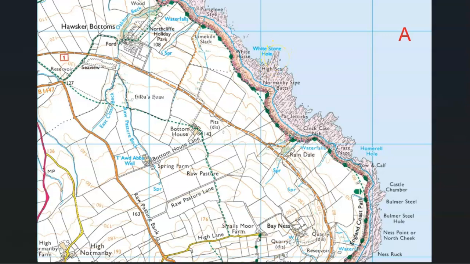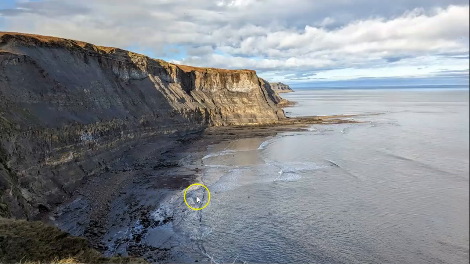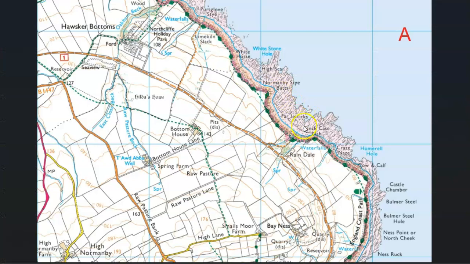You can see on the photo that looks like the tide's out, or certainly not all the way in here. We've got that finger of land sticking out there. So looking across to that finger of land, with Normandy Stye Batts being that headland sticking out.